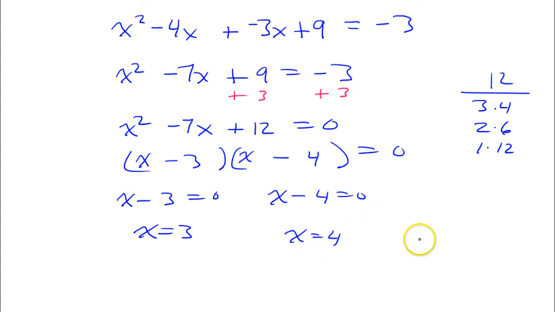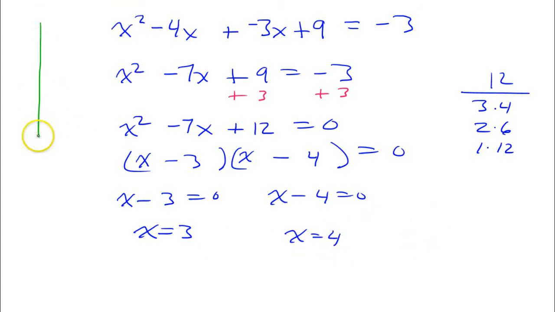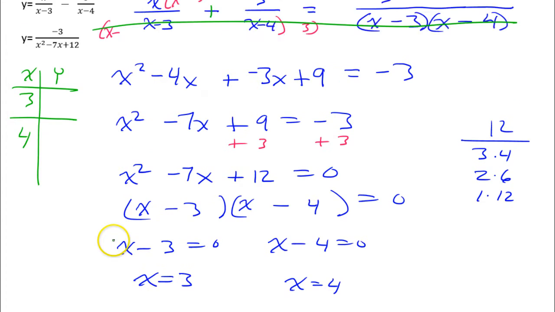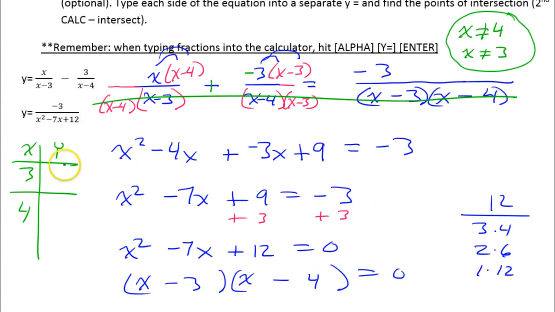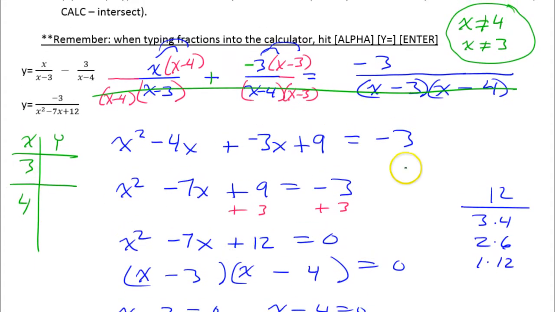Now, normally I would go into a whole spiel about how, be careful, these are x values, and we need to find the y values that go with them. So we'd have our 3 and our 4, and we'd have to use one of these two equations to find the y values. But I'm not going to do that because I'm noticing that these solutions, the 3 and the 4, these are the excluded values.